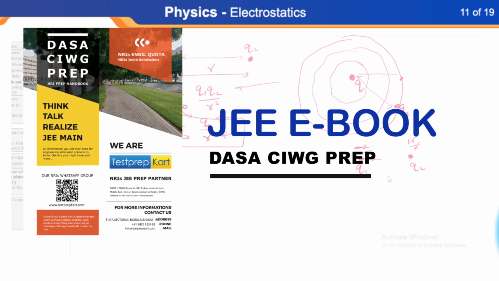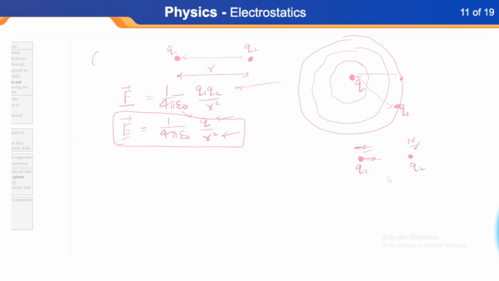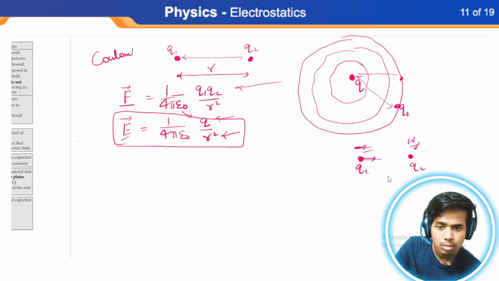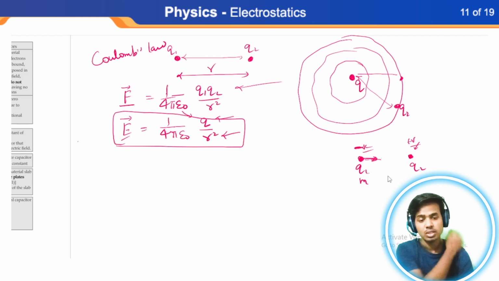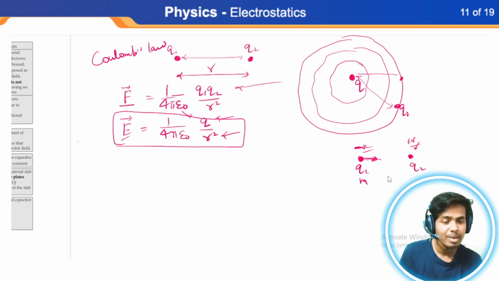Because it is under the influence of the Coulombic force. This is Coulomb's law. And the Coulombic force will lead to some acceleration because the Q1 charge would also have some mass with it. So that will lead to some acceleration.